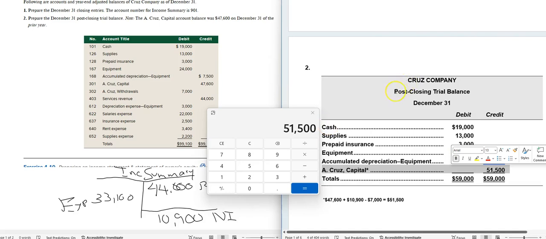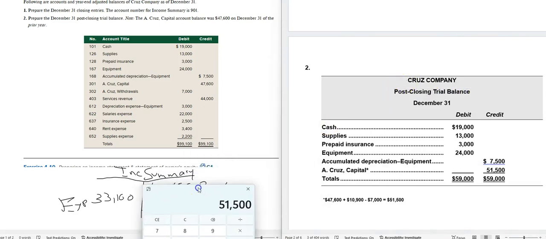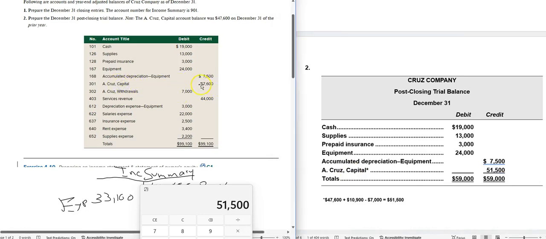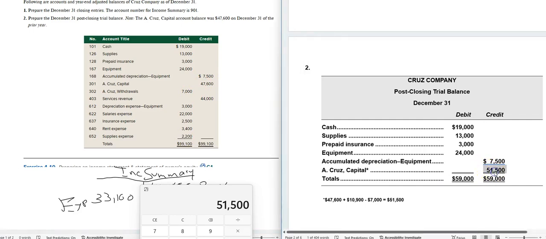So my post-closing trial balance is a lot smaller than my adjusted trial balance, because before, all of these amounts that affected the owner's equity were split out across owner's capital, withdrawals, revenues, and expenses. But now at the end of the closing process, those temporary account balances are all wrapped up into that one owner's capital account.